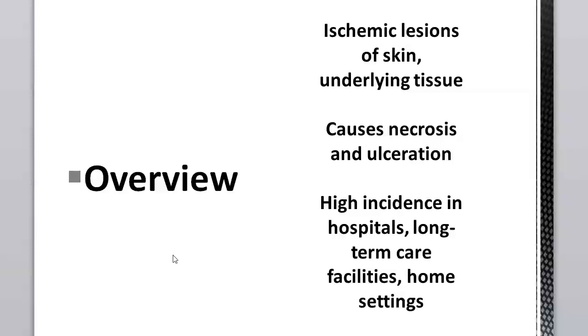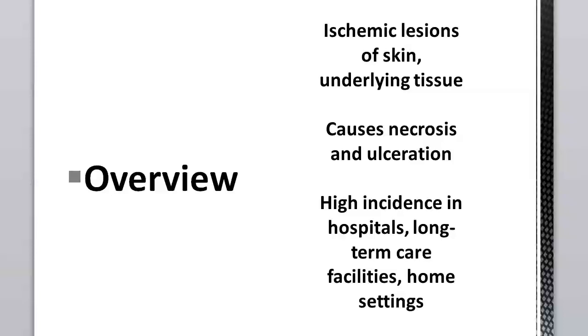We know that pressure ulcers occur at a high incidence in hospitals, long-term facilities, and in home settings as well. Your book talks about the data that shows that within hospitals, the incidence of pressure ulcers can be as high as 8%, and the incidence in long-term care facilities can range anywhere from 2.4% all the way up to 23%.